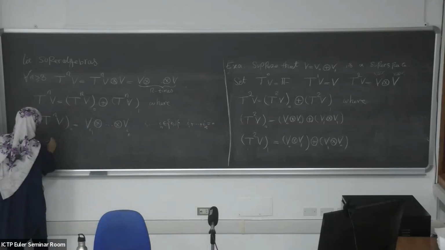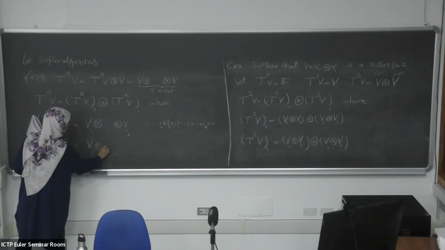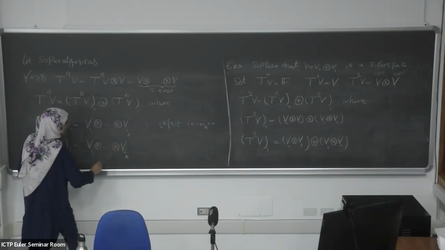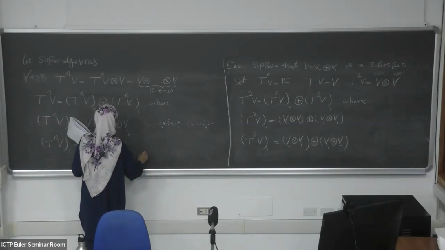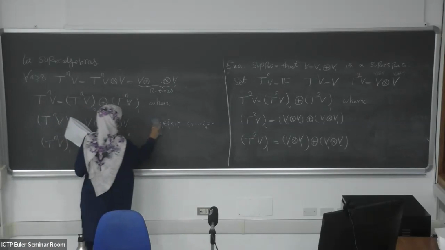And T^n V_1 is the sum of V_{i1} tensor ... tensor V_{in}. It's better to write it in this way.